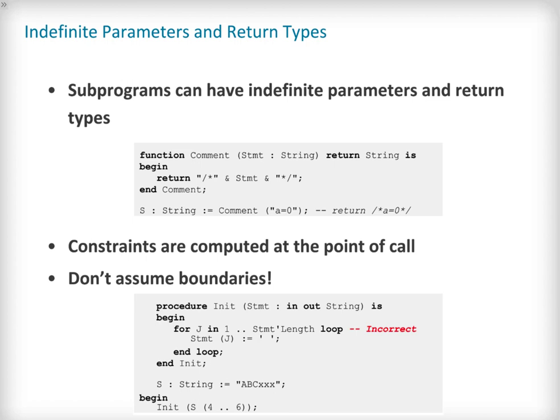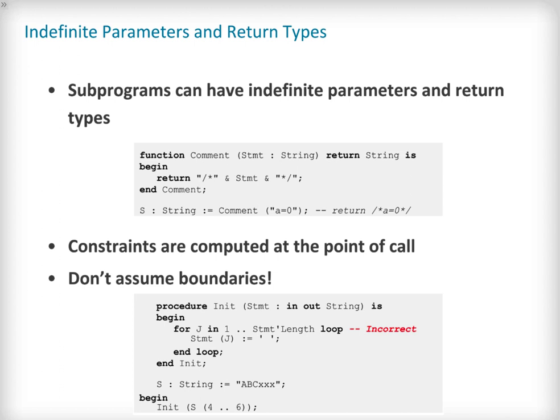One word of caution again with regards to arrays. It is in most cases a mistake to assume boundaries for the array. In this second piece of code, in init, I am receiving a string which is called stnt, and then I am iterating over this string's elements to reset the values of the elements to space.